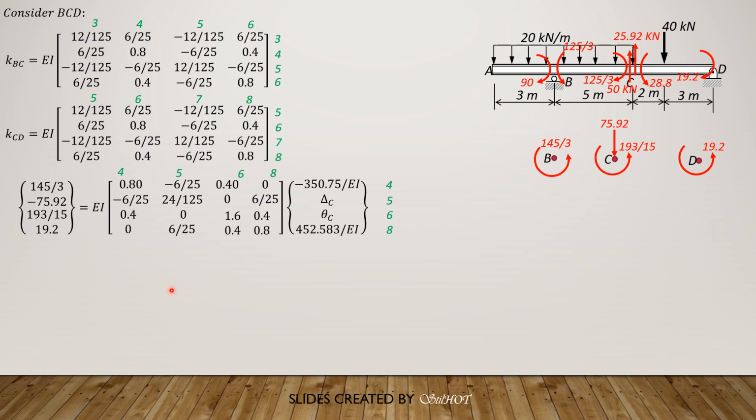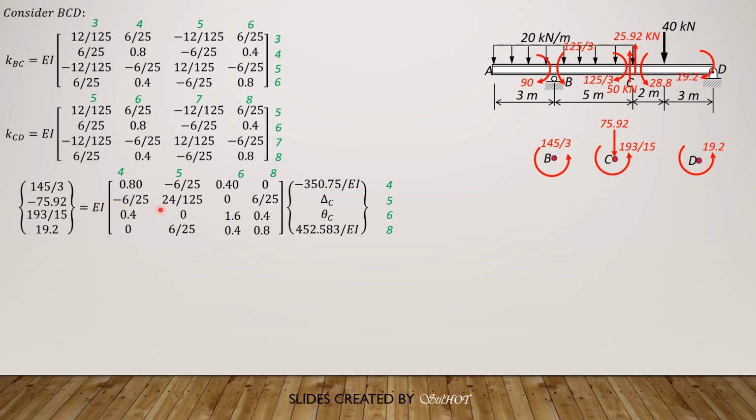So we multiply by the known displacements. Theta B is negative 370.75 over EI, and theta 8, or theta D, is 452.583 over EI. These are the unknowns. So let's expand rows 5 and 6.